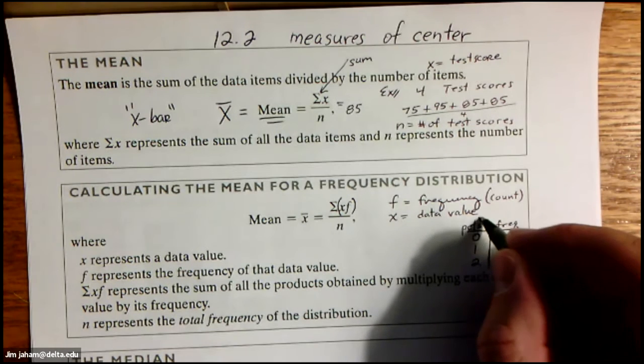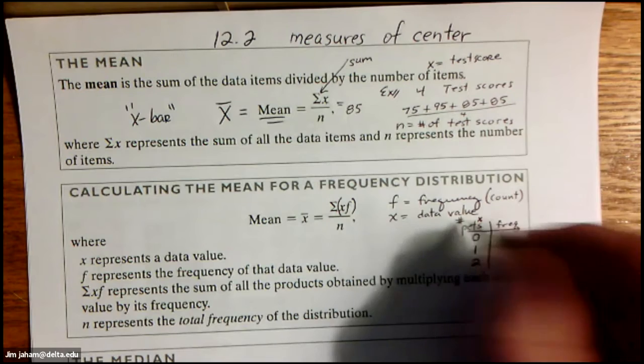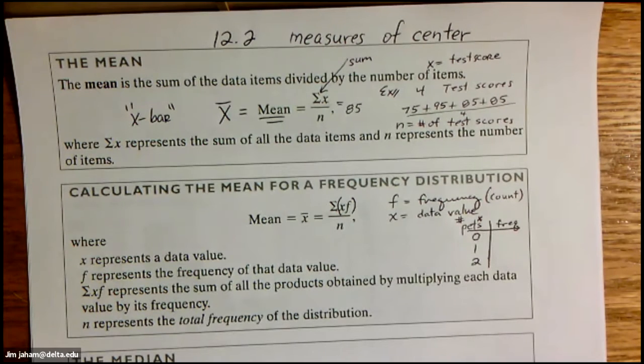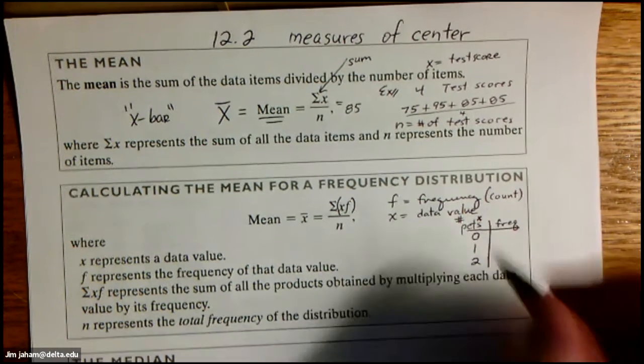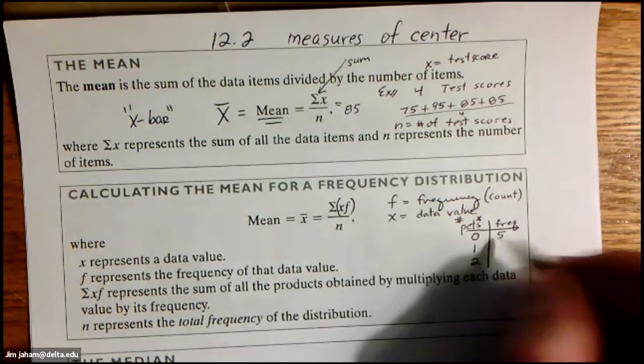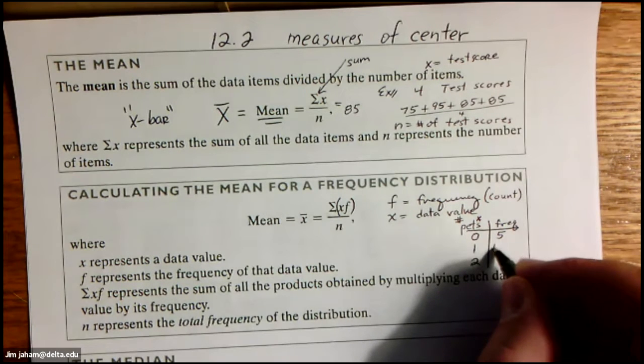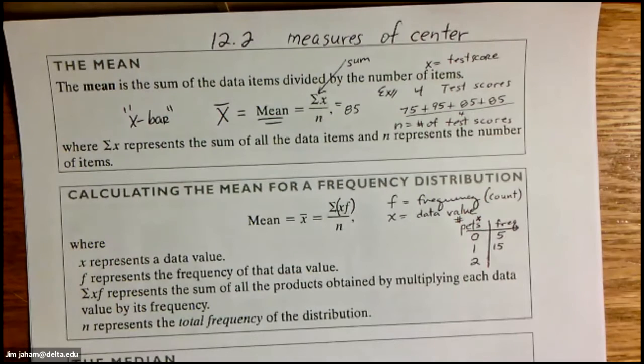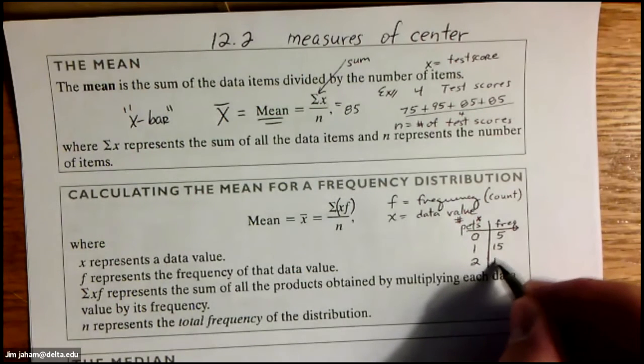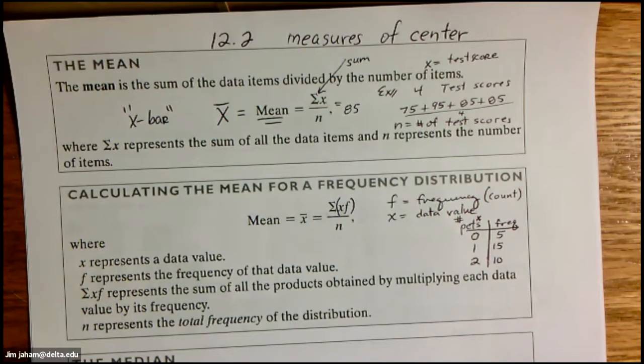The number of pets is the data value. Let's say that 5 students said that they have 0 pets, 15 students said that they had 1 pet, and then 10 students said that they had 2 pets.